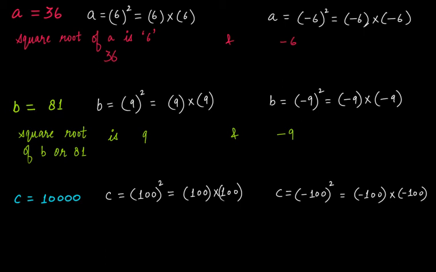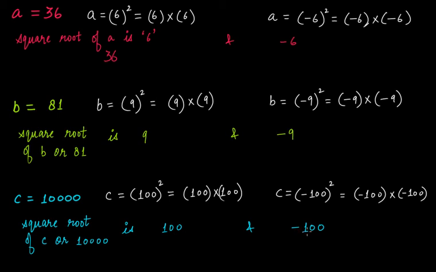And here also the square root of C, or C is what? Actually 10,000. 10,000 is 100 and minus 100. So in this case we have two square roots: 6 and minus 6, 9 and minus 9, and same way 100 and minus 100.